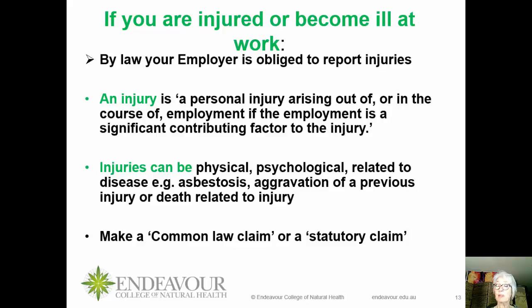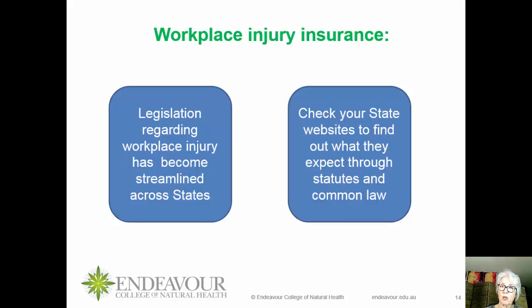So what happened? They then were able to make a common law claim or a statutory claim, and as we remember, it went to court, and there were serious ramifications. So what happens? Well, there's workplace injury insurance, and there is legislation regarding workplace injury, and that's become streamlined across the states.